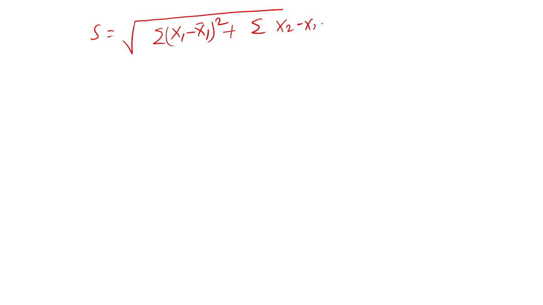So we have S is equal to the summation of x1 minus x1 bar whole square plus the summation of x2 minus x2 bar whole square, all over n1 plus n2 minus 2.